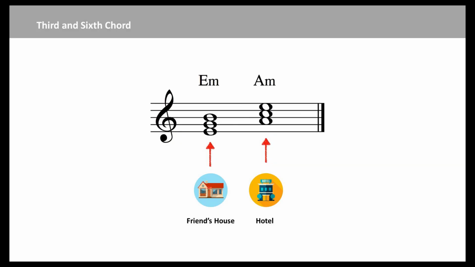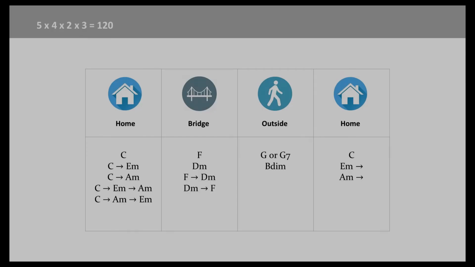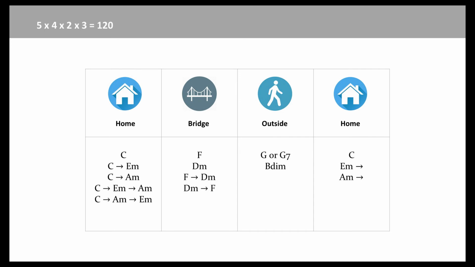Next is the 3rd and 6th chord. These 2 chords don't sound like home, like a friend's home or hotel, and it doesn't feel like a long-term residence. So, we fill A minor and E minor in the first grid of this table, and in the rightmost grid.